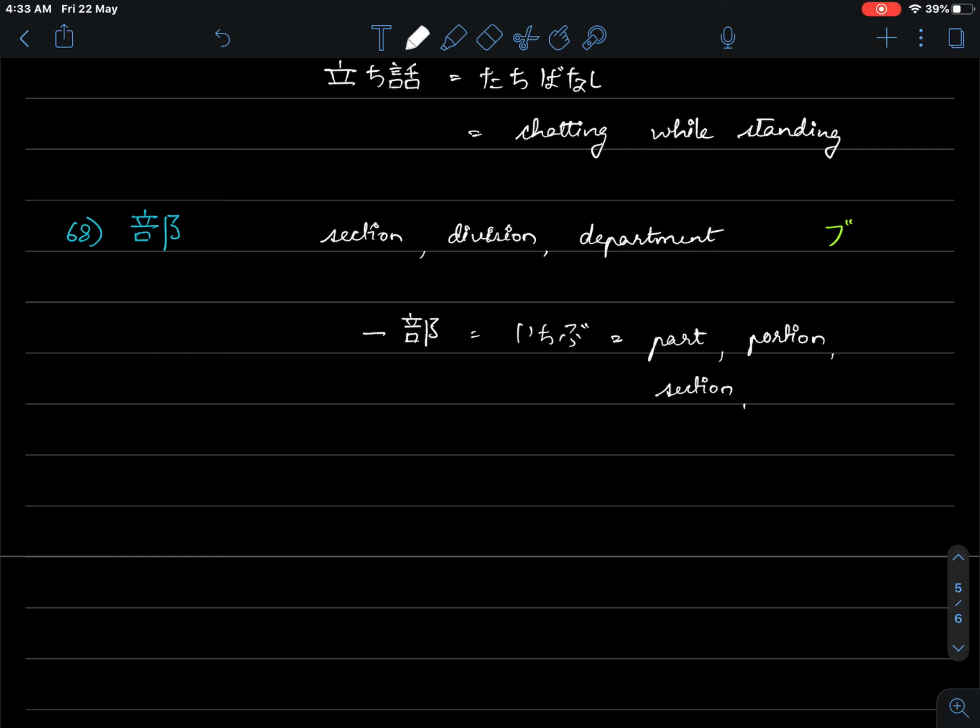Or it also means a copy. That is the next line because it's a separate kind of meaning. A copy of printed material. Ichibu.